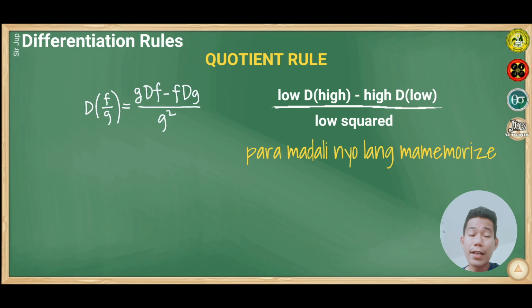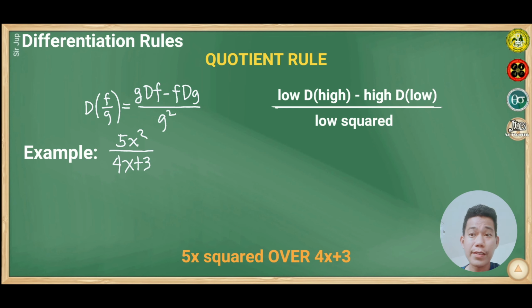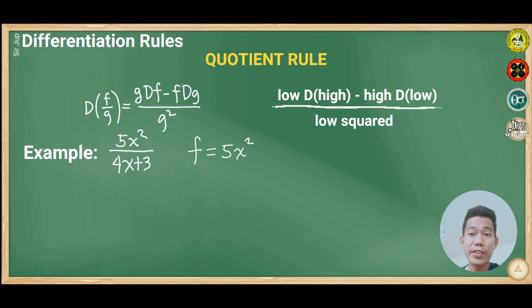Again, that is low d high, d high means derivative of high, minus high d low, high times the derivative of low, all over low squared. Okay, low times low. So you just square the denominator of the original expression. Okay? So for example, we have 5x squared over 4x plus 3. So our high is 5x squared, and our low is 4x plus 3.